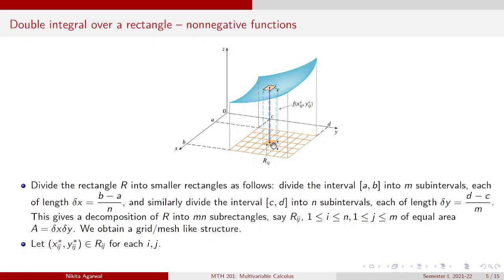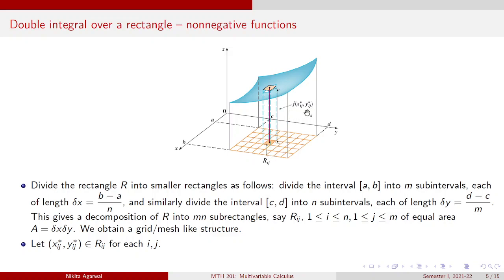And then what you do is you look at the cuboid, yeah, this is what you get, right? A cuboid. What is the base of this cuboid? It's this rectangle R_ij. And what is the height of this cuboid? It's the value of the function at the chosen point, which is f(x_ij star, y_ij star). So what is the volume of this cuboid?